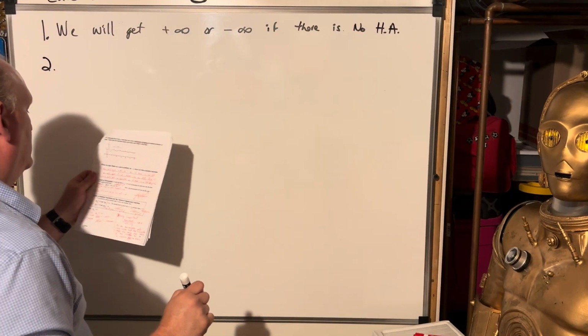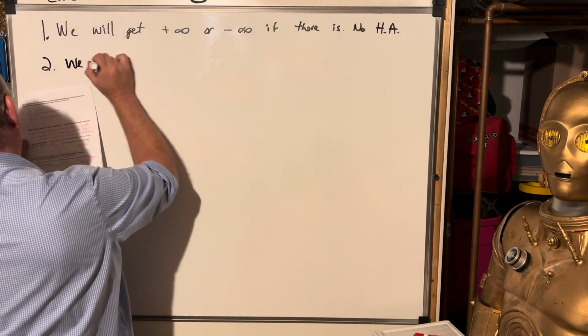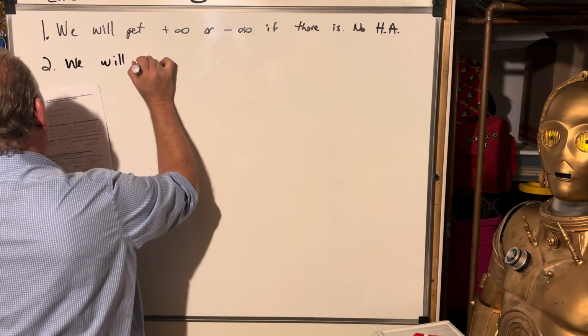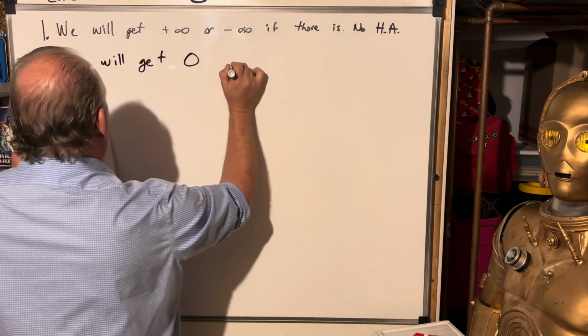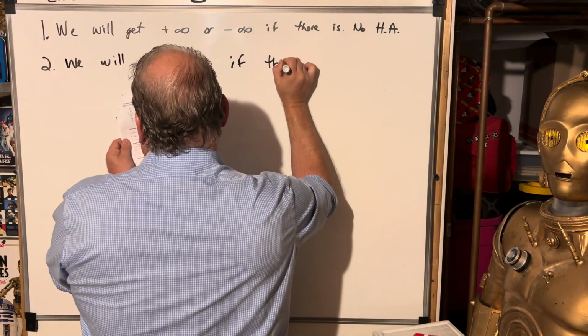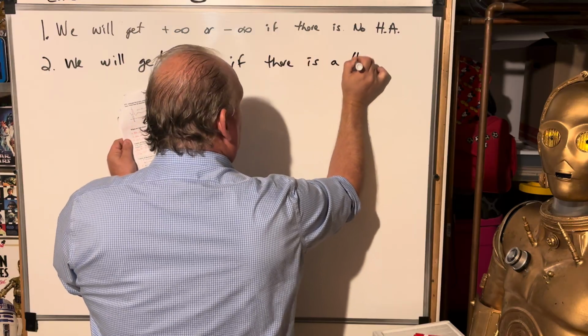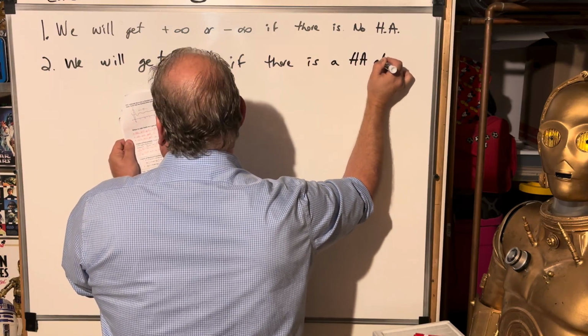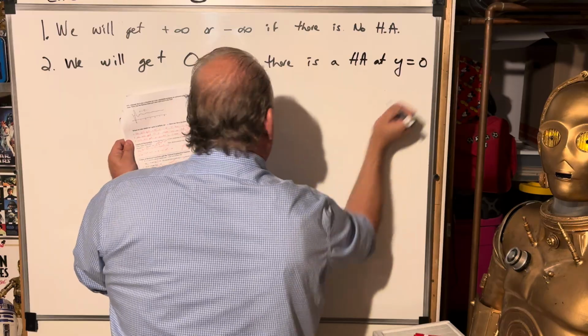Number two, we will get 0 if there is a horizontal asymptote at y equals 0.